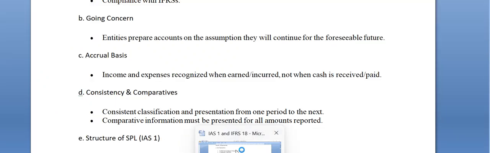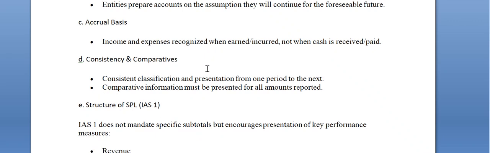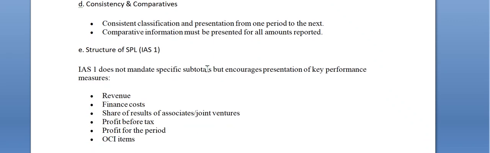Currently, we have this structure in our statement of profit or loss, where we have first the revenue. After the revenue, you recognize your cost of sales to get your gross profit. And under your gross profit, you have other income that you add. And then you take all the other operating expenses, and then you take away the finance costs.